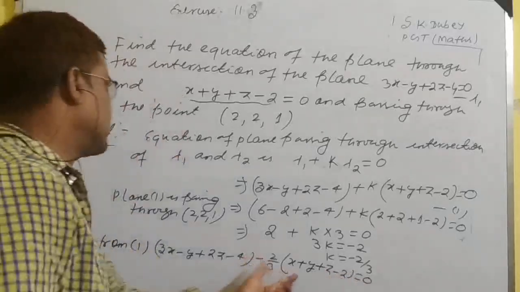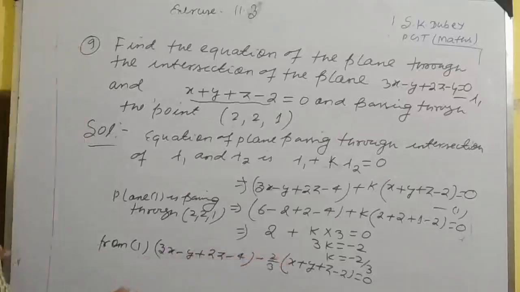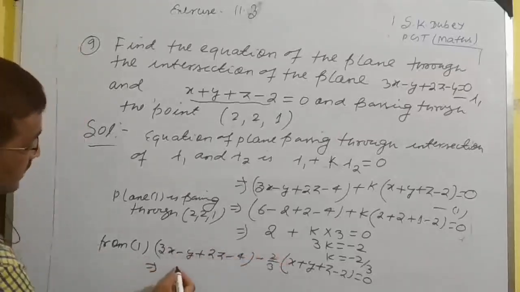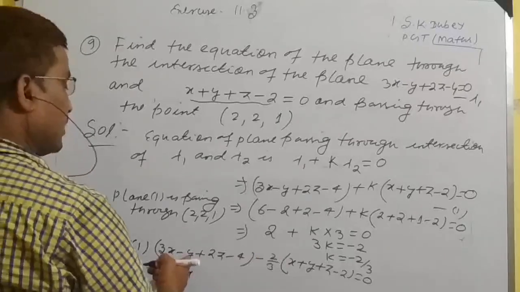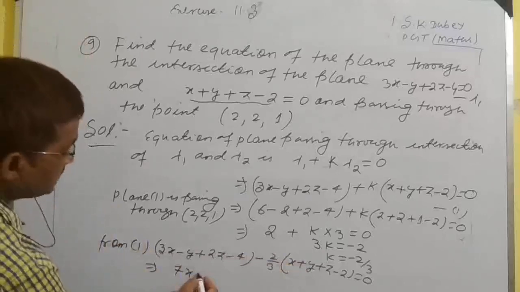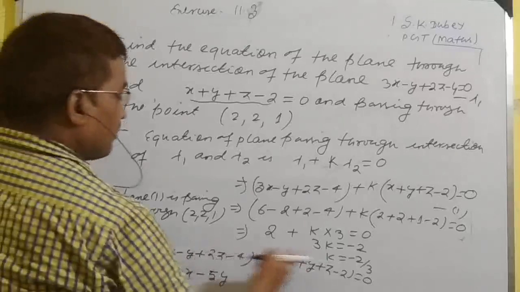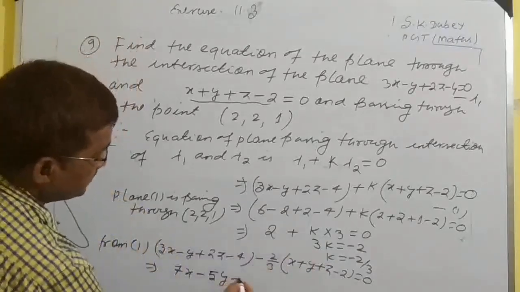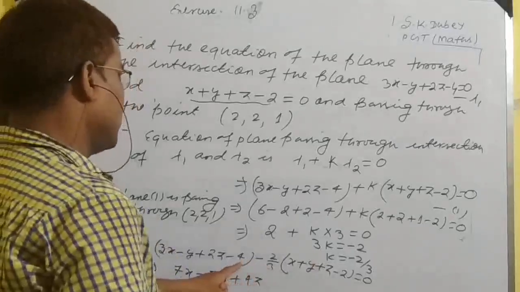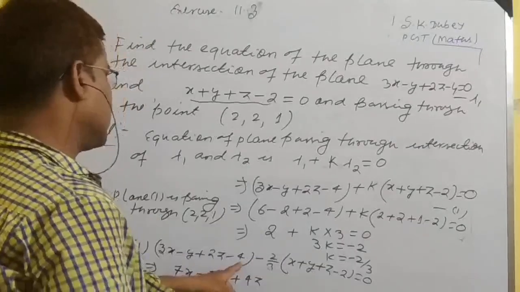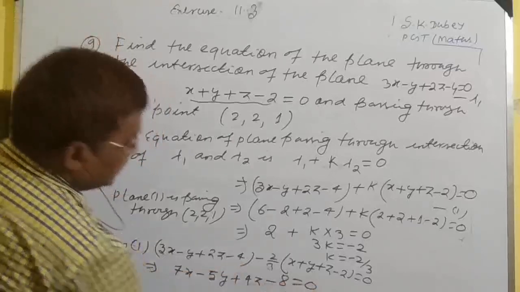After solving this equation, we can get 9x minus 2x, that is 7x, minus 3y and minus 2y, that is minus 5y, 6z minus 2z, that is 4z, minus 12 plus 4, that is minus 8, is equal to 0.